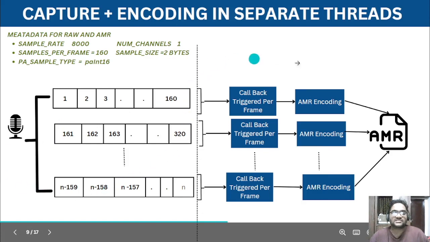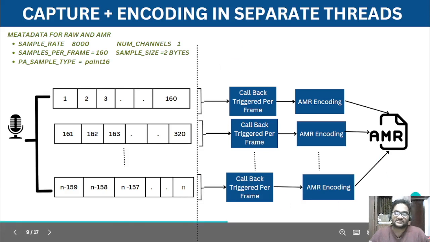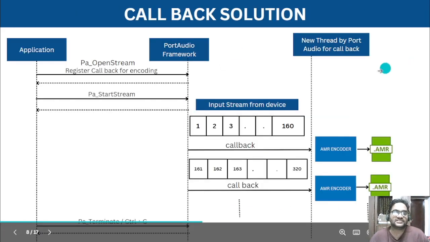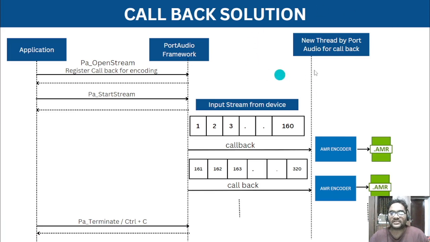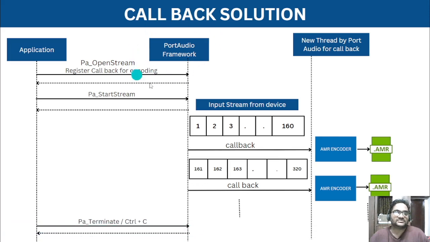This is how the callback mechanism helps us enable capture plus encoding together in separate threads. The callback thread is responsible for encoding, and the PortAudio framework, or the main application thread, is responsible for capturing the raw data from the mic.